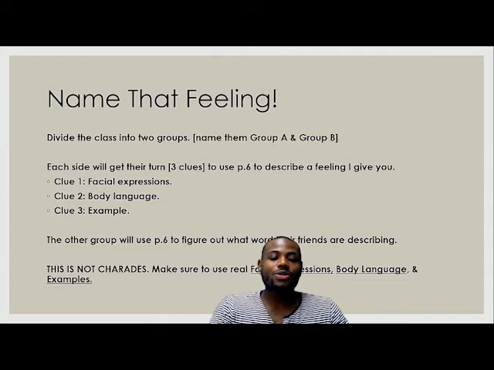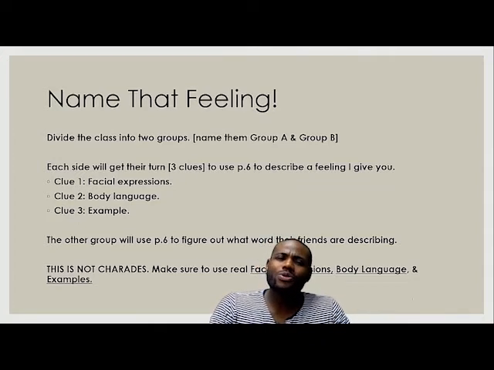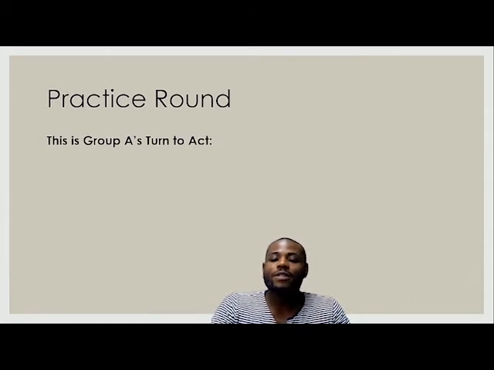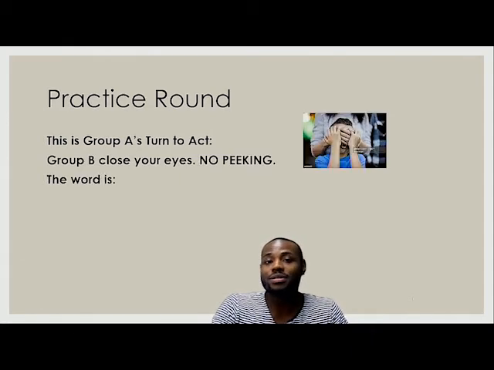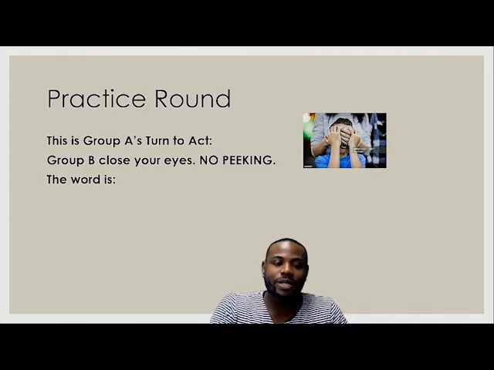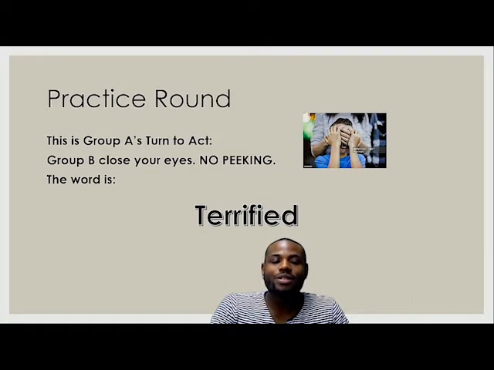All right, so now we're going to do a quick practice round to see how it goes. We should have Group A and Group B. In order, Group A is going to act out first. What I need Group B to do is close your eyes, no peeking. All right, Group A, this is the word that you are going to act out.